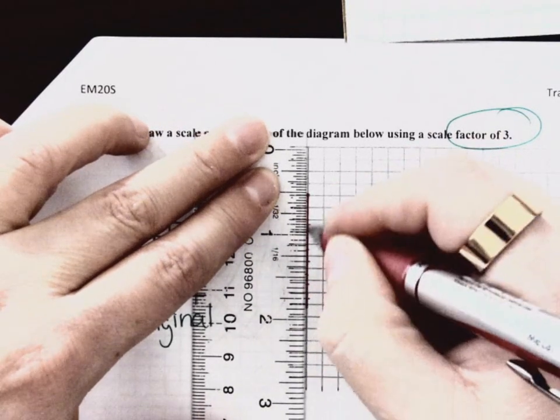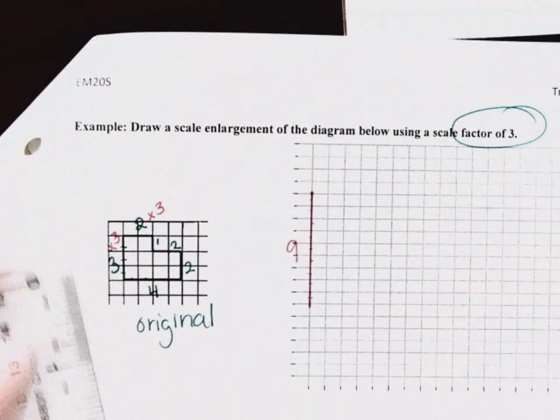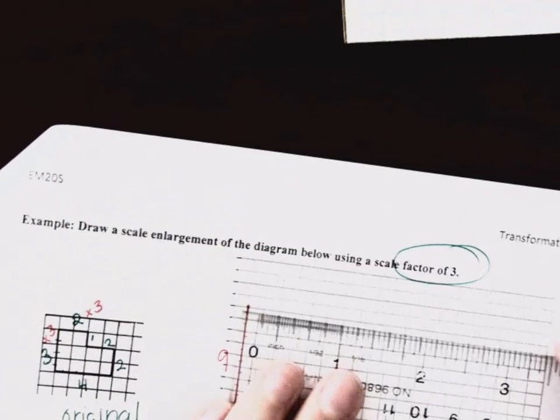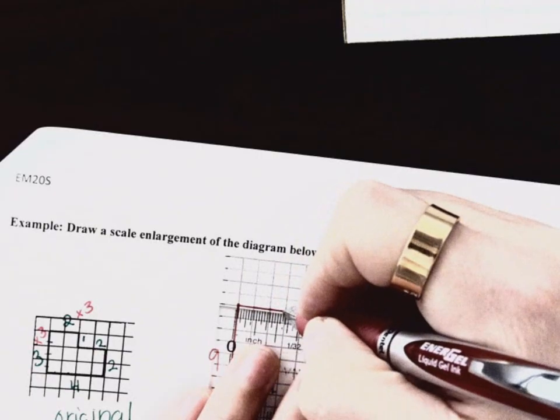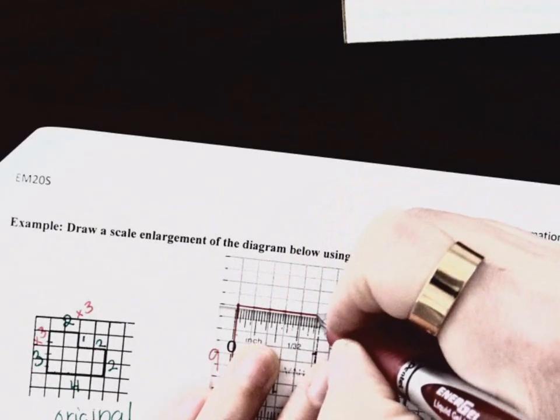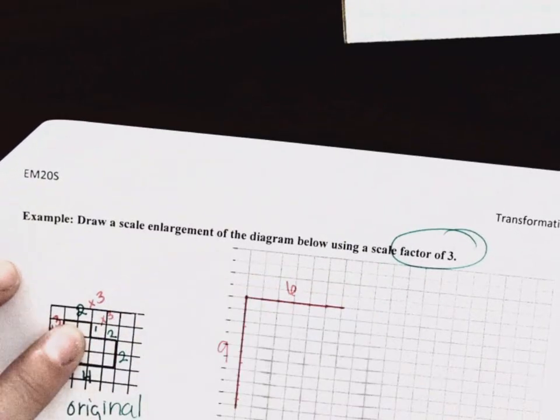See, I have to count them out. Some of you will just be able to see it. So we know that that one's 9. 2 times 3 gives me 6. 1, 2, 3, 4, 5, 6. All right. 1 times by 3 is going to give me 3.